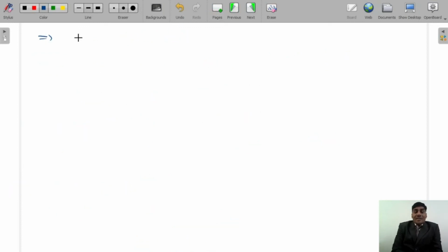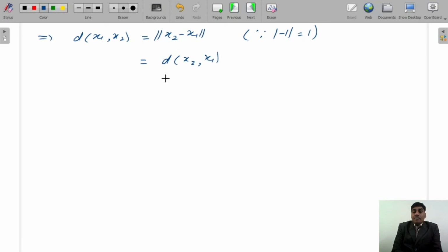This implies d(x1, x2) is equal to norm of x2 minus x1, because modulus of minus 1 is equal to 1, which is equal to d(x2, x1).